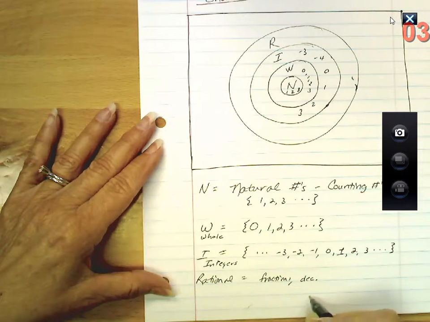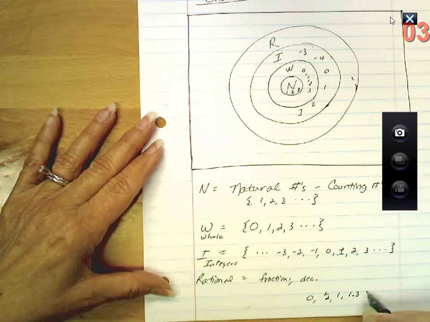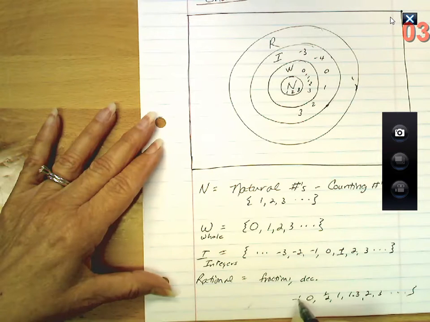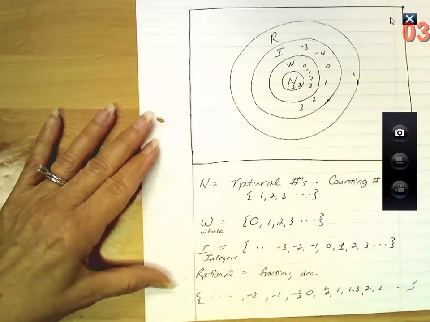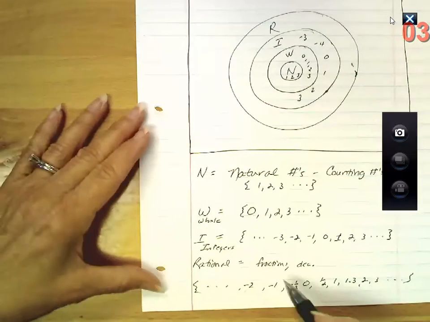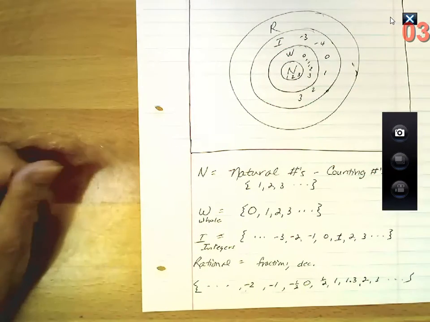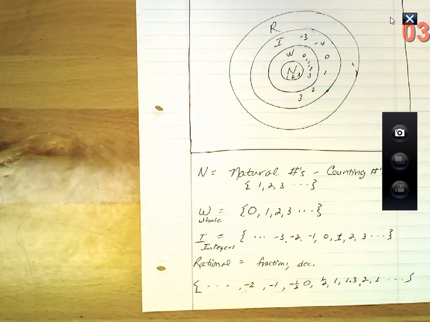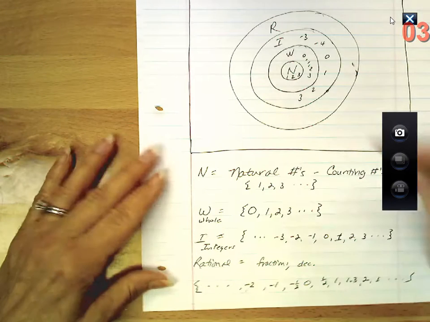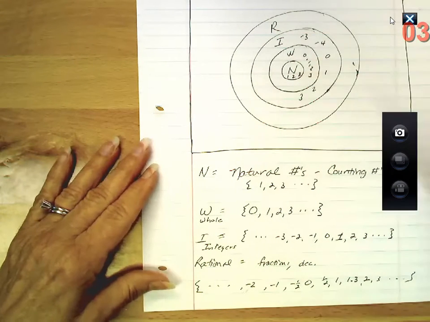So you might have 0, 1/2, 1, 1.3, 2, 3, and so on. And also, they're like negatives too. So the rational numbers, you're adding the fractions and decimals. So natural, whole, integers, rationals.